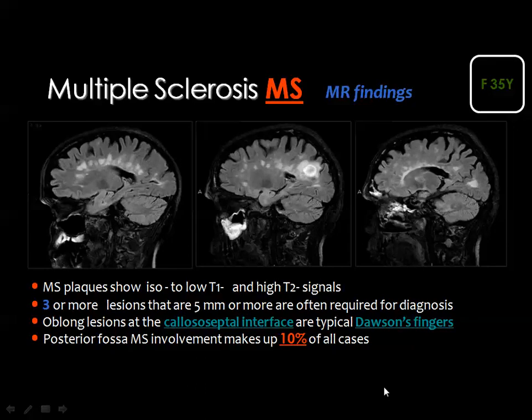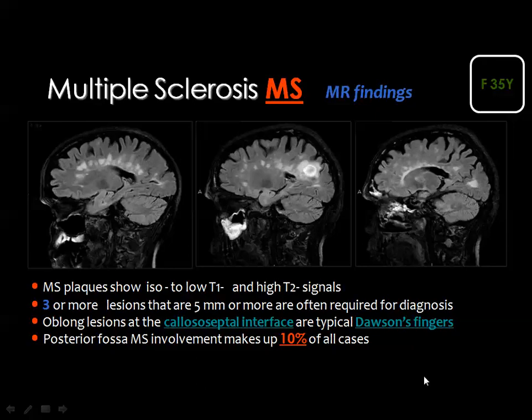And the MRI findings of multiple sclerosis are almost characteristic. Number one, you should see a patient in the age common for MS to develop, which is between 20 and 40 years of age. Then the disease, as you all know, has more predilection to females than males.